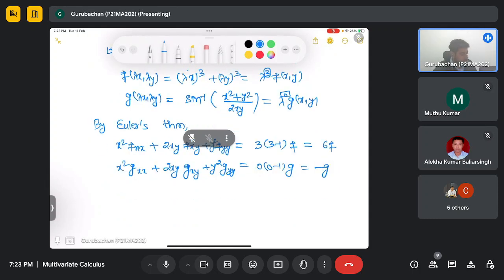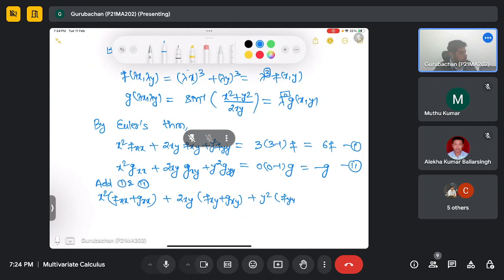So at the end, by adding 1 and 2, we will get x square times f_xx plus g_xx, 2xy times f_xy plus g_xy, y square times f_yy plus g_yy is nothing but 6f minus g.